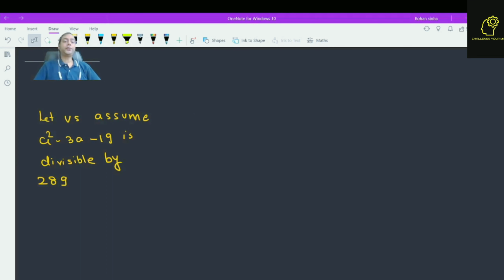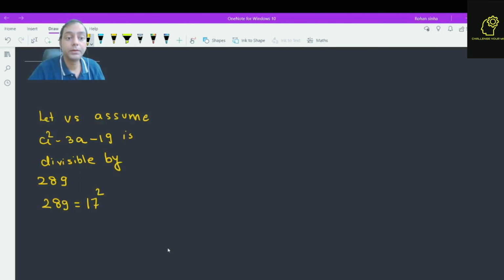Now, let us assume a square minus 3a minus 19 is divisible by 289. Now, what is 289? 289 is equal to 17 square.